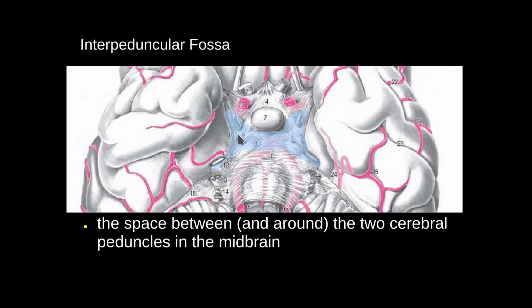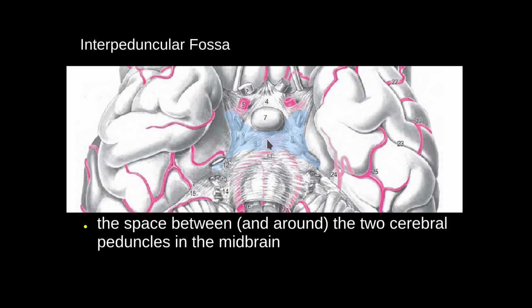So again, anatomists like to name everything. No? So the interpeduncular fossa over here contains cerebrospinal fluid. So this is how it looks. Since it is a cavity, it is a container for fluid.